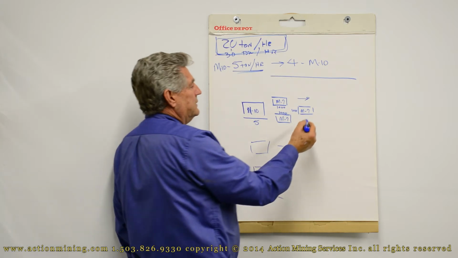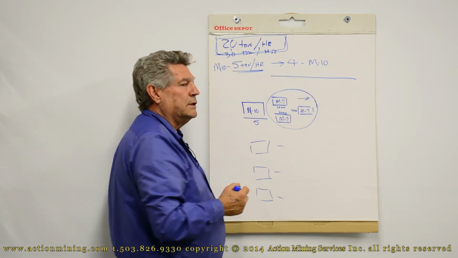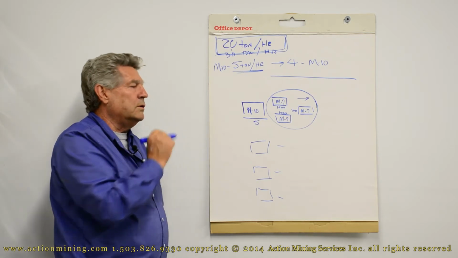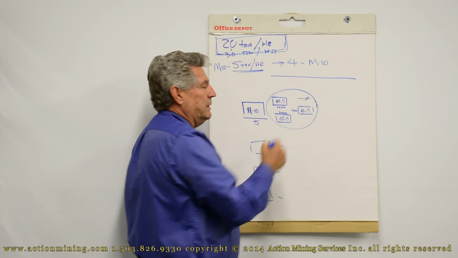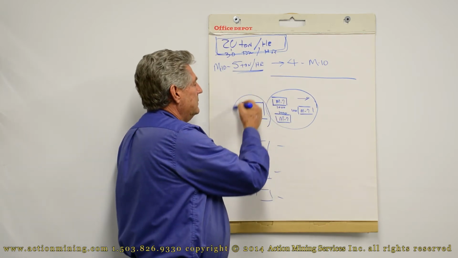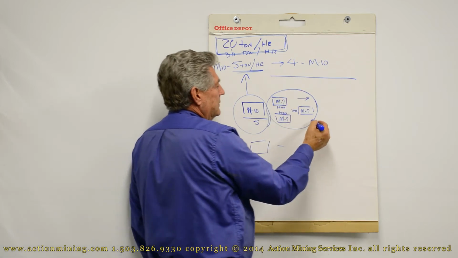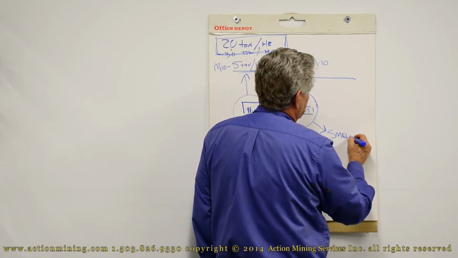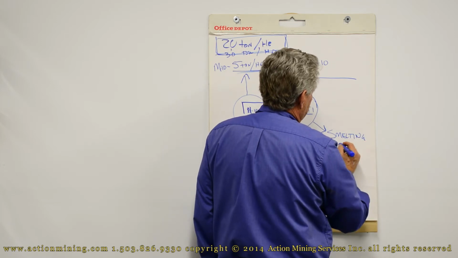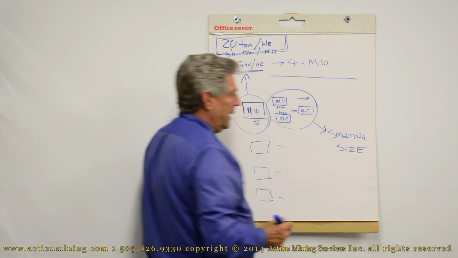And like I said, how big a smelter do you have? Or what are you going to be doing with your cons? That is determined by these 3. This one is determined by that. These are determined if you're smelting, size. How much can you handle?